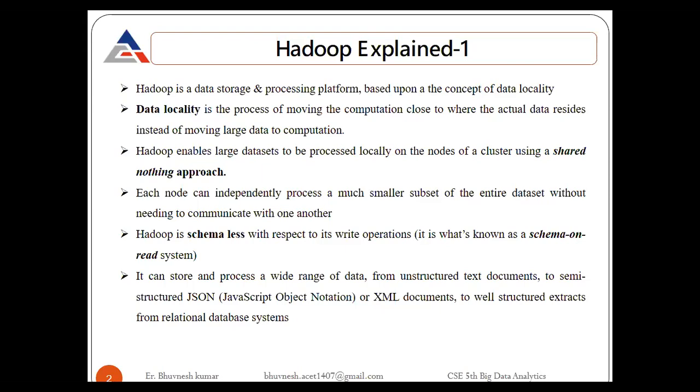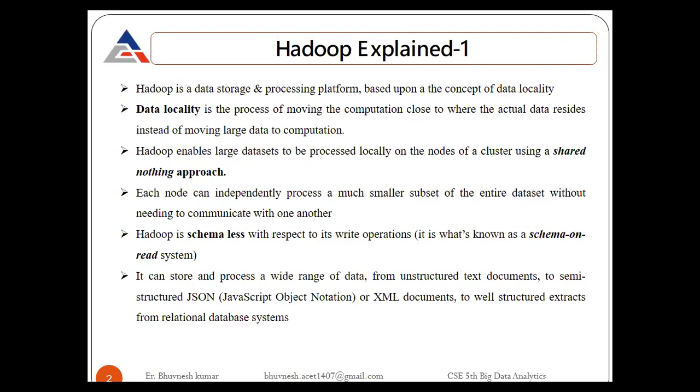Hadoop is schema-less with respect to its write operation. It is what is known as a schema on read system. Hadoop works on a schema on read system. Schema is your structure, your design. What does schema on read mean?